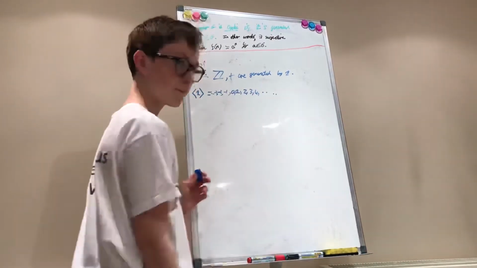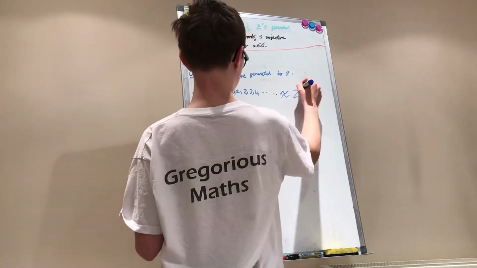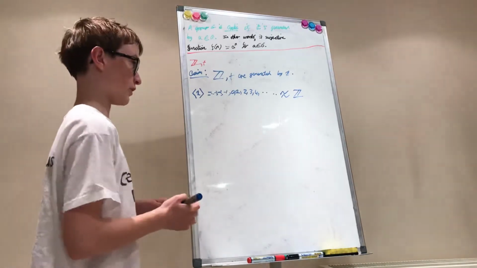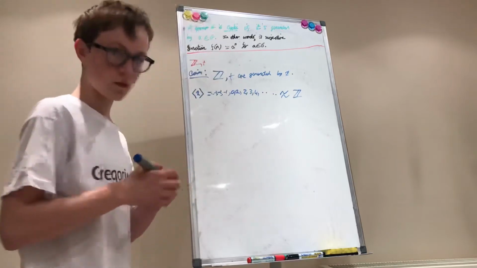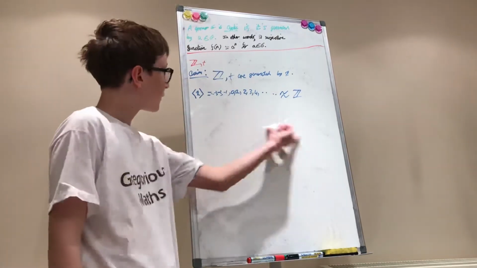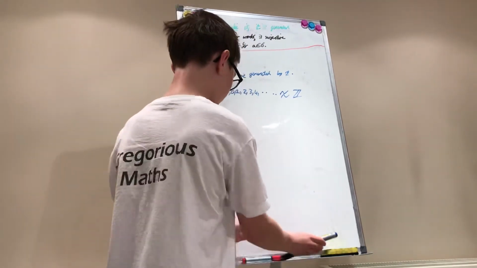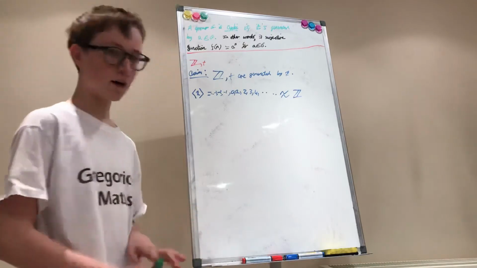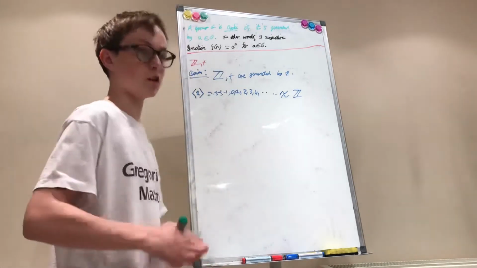And of course we can see that this is isomorphic to the integers. Basically a fancy way of saying the same thing as the integers. So my claim was proven. But that's an infinite cyclic group. Are there finite cyclic groups? Yes, there are.